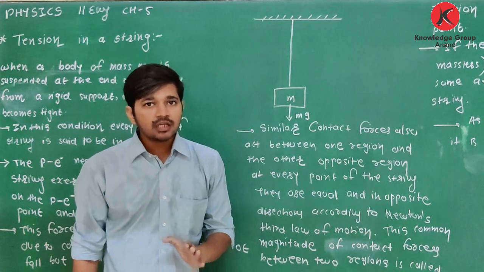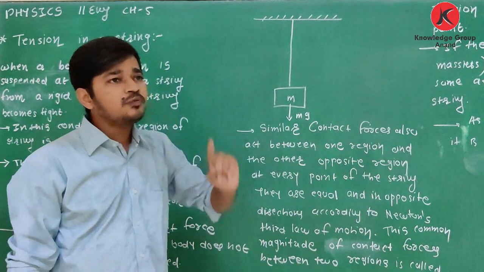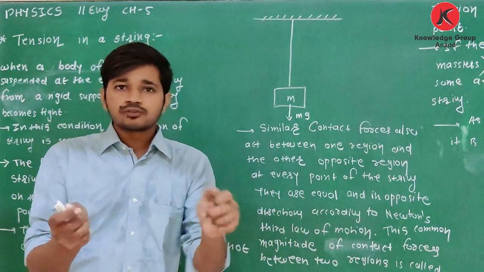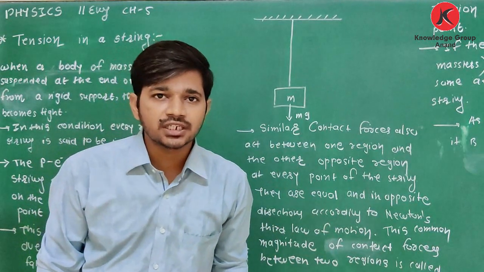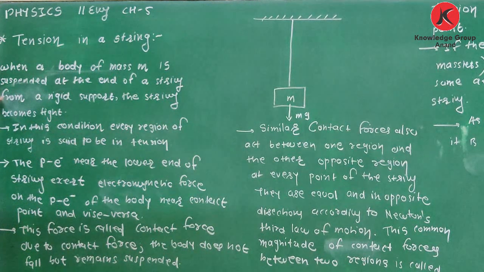Clear about this? If the string becomes tight, then it is under tension. If it is loose, there is no tension in the string. Clear about this?